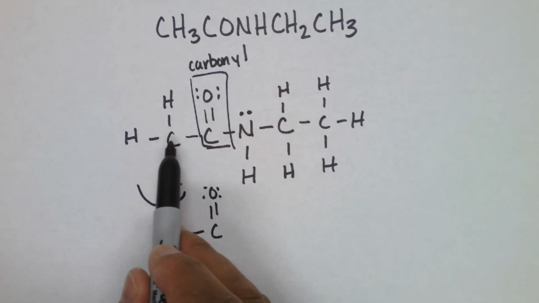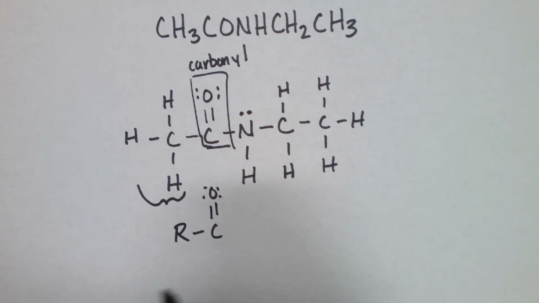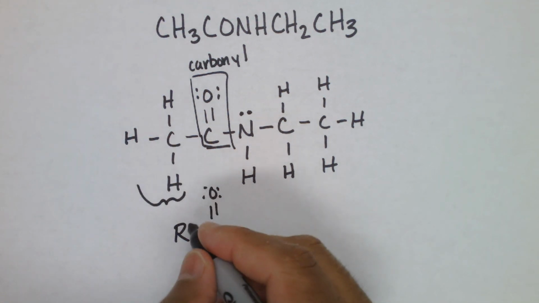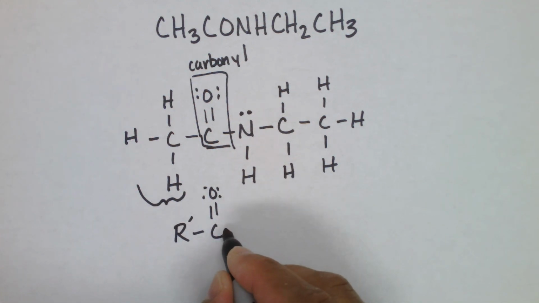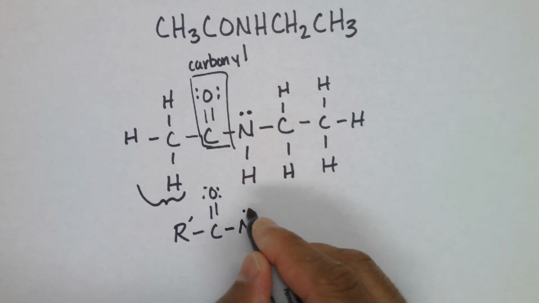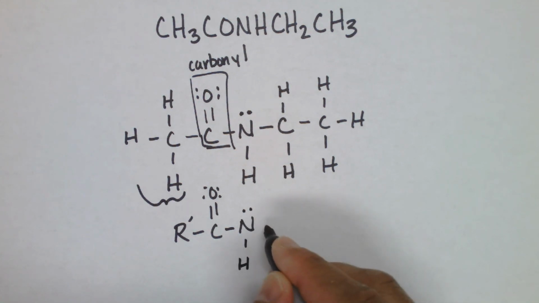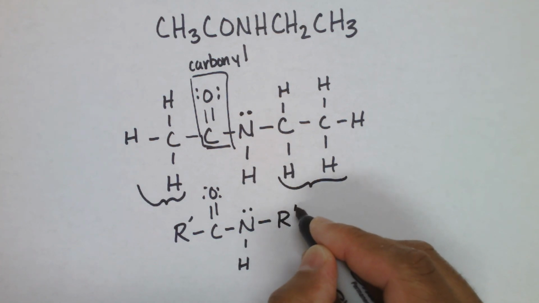It could be a single carbon or some carbon chain. So I'll call this R or R prime. And on the other side of the carbonyl, we have the nitrogen. And the nitrogen is bonded to a hydrogen and some other R group. I'll call this R double prime.